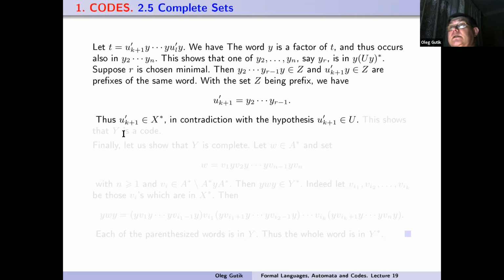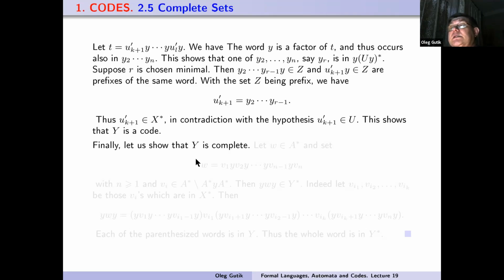Thus we get that u prime k plus 1 belongs to the monoid X capital star, in contradiction with the hypothesis that u prime k plus 1 belongs to U capital. This shows that the set Y capital is a code.